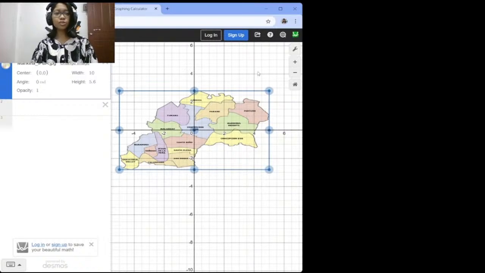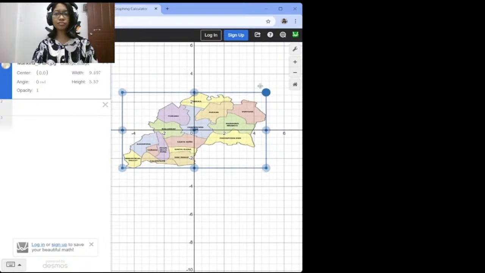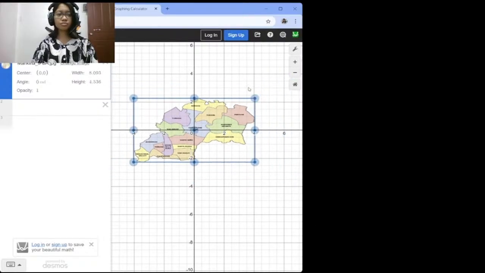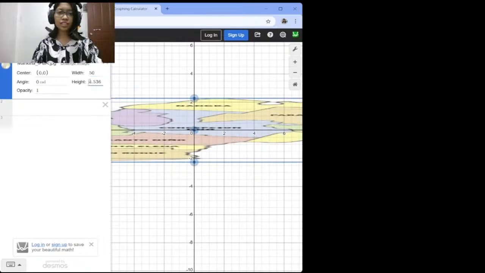You may drag those points to resize the image by dragging one of the corner points, or change the value of the width and height.